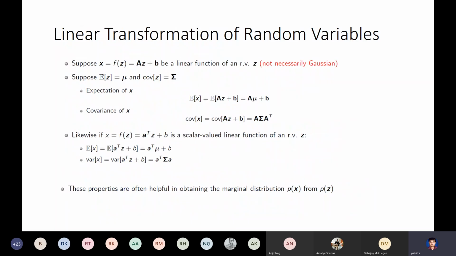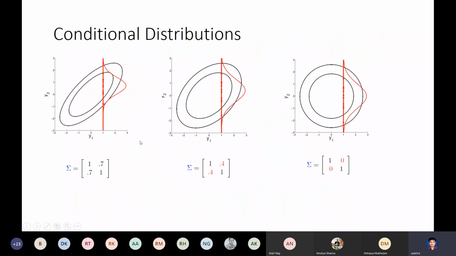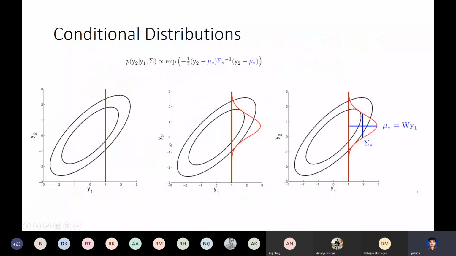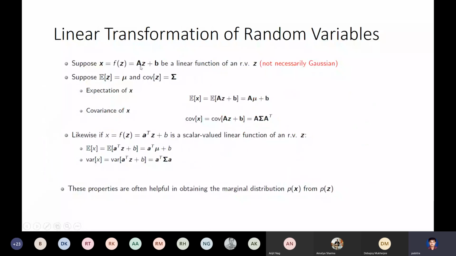Okay, just one more slight generalization of this Gaussian form is something called a linear Gaussian. That means we have talked about two groups of variables and how their variances change. Now let us do it like this. It is as if you have two variables x and z, and x is some constant a times z plus b, a linear function of z. So if I know the probability distribution of z, what is the probability distribution of x?